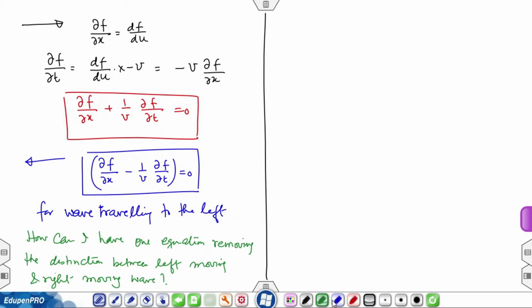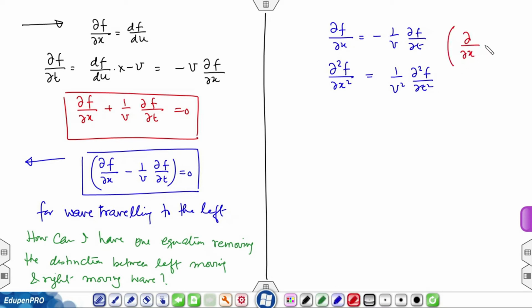So, for that, what we will do is, I have df/dx equals minus 1 over v df/dt for the right moving wave. I will take d2f/dx2, and this will come out to be, I will operate by minus 1 over v d/dt again. So, it will become 1 over v squared d2f/dt2. Let me just write on the side what I did: I have taken the partial derivative with respect to x to be equivalent to minus 1 over v partial derivative with respect to t.